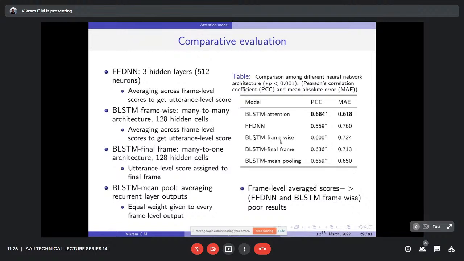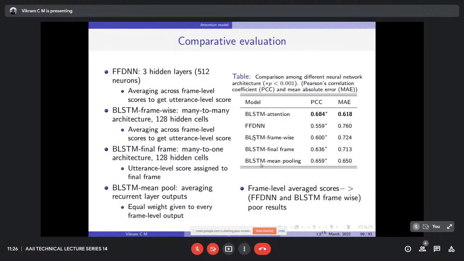Then the BLSTM frame level: for this BLSTM network, the labels are given at each and every frame. For BLSTM final frame, only the final frame is assigned the utterance level label. For BLSTM mean pooling, for each utterance we average across the outcomes of the different frame level BLSTM states.